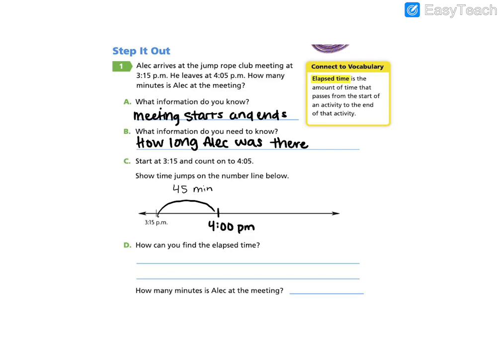Now we aren't to our end stopping point yet. We now need to get to our stopping point of 4:05. So we can make our jump from 4 p.m. to 4:05, which would be only 5 minutes.